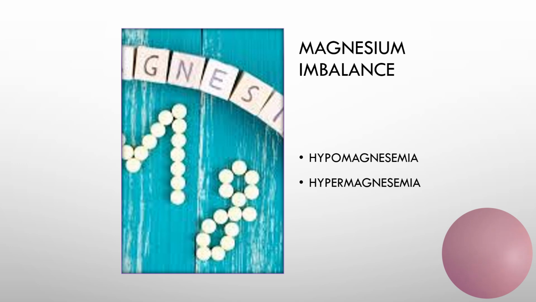They may have paresthesias, so that abnormal sensation in the extremities, such as numbness or tingling. Neuromuscular irritability, so they're going to have hyperreflexes. They're going to be very sensitive to stimulation and could potentially have seizures. Their blood pressure is going to be high, and they can have mental changes.